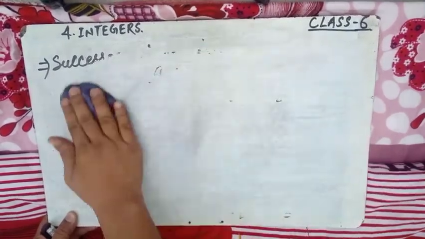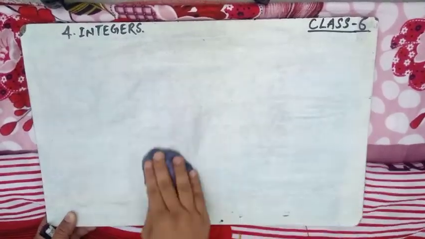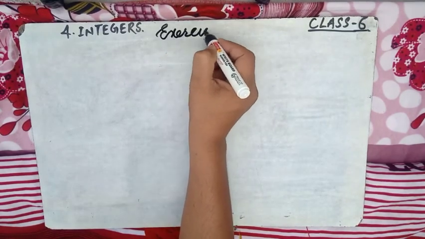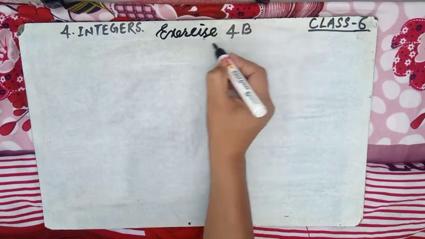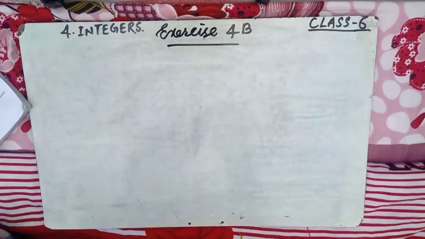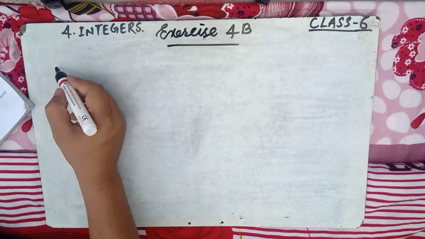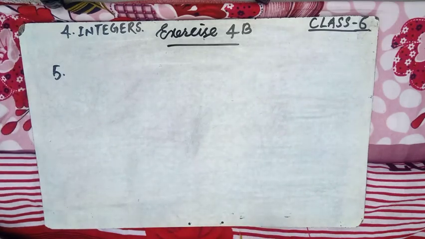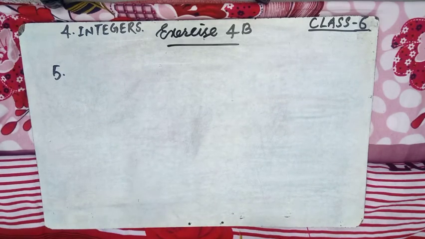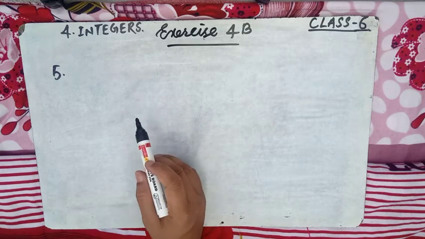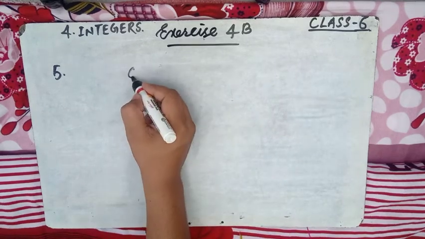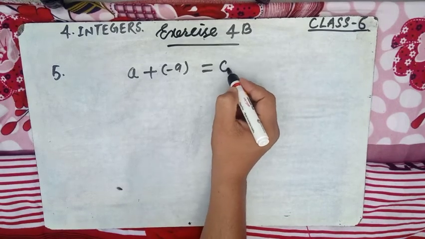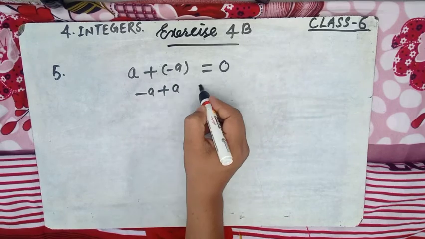Now we will move to solve the exercise problems. This is exercise 4b. See friends, one last point: it says here that the sum of a number and its opposite, suppose a and the opposite of a is minus a, is equal to 0, or minus a plus a is equal to 0.